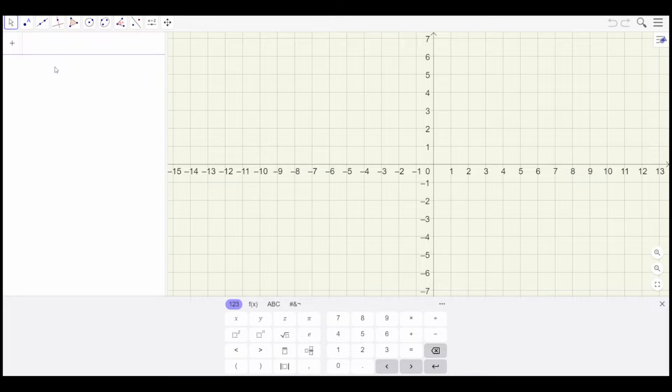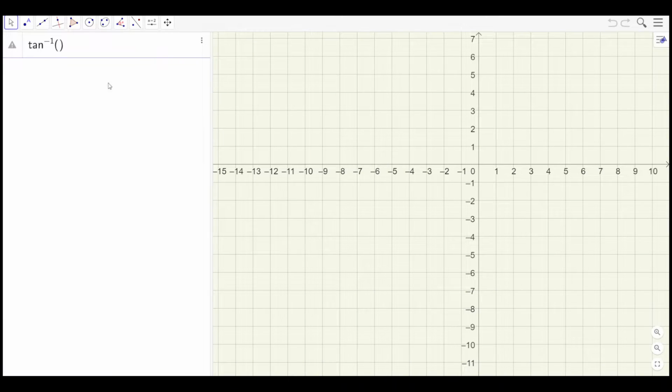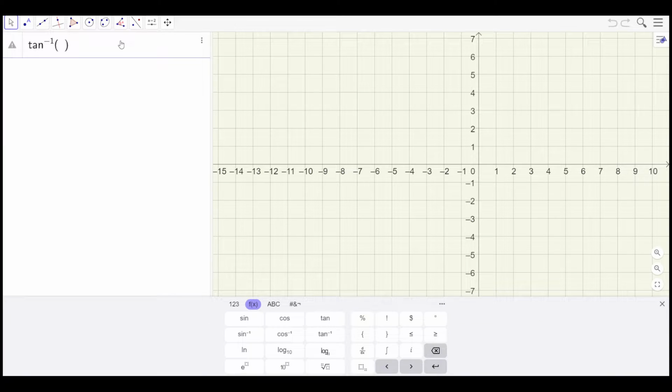So where is tangent inverse? I think here. So we go to f of x and choose tangent inverse, and I think in algebra view it is automatically in degree mode, yes? So I would write square root of, oh, where is the virtual keyboard? You know, this GeoGebra drives me crazy sometimes. So, it's here.